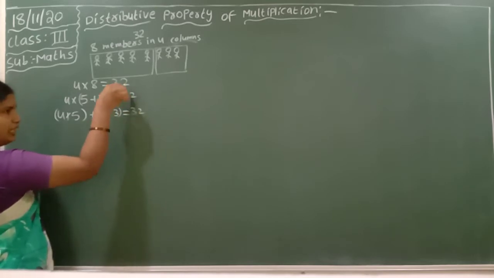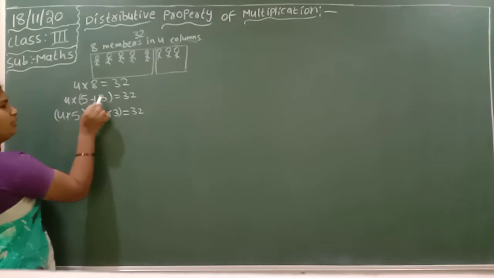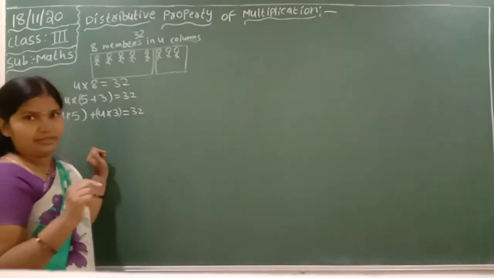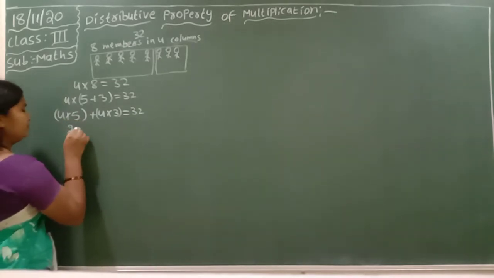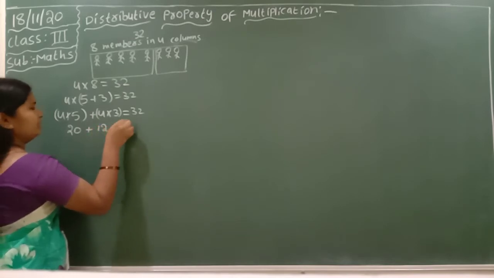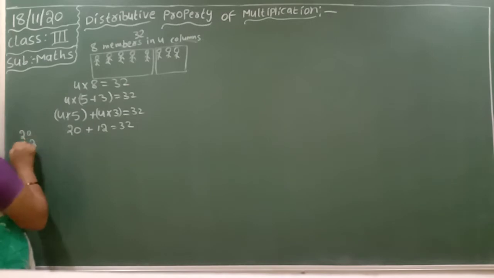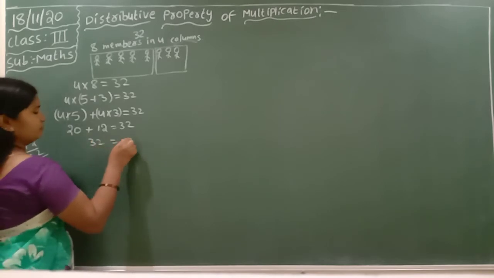4 into 5 plus 4 into 3 is equal to. Here 4 into 5 plus 4 into 3, like the grouping property. Next, 4 5s 20 plus 4 3s 12. 20 plus 12. 0 plus 2, 2, 2 plus 1, 3, 32.